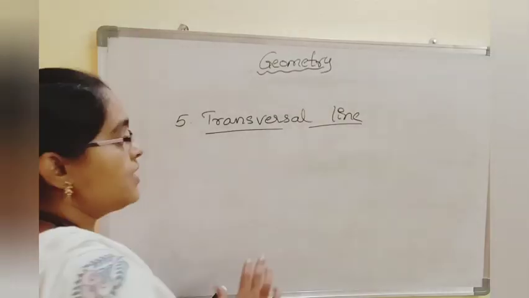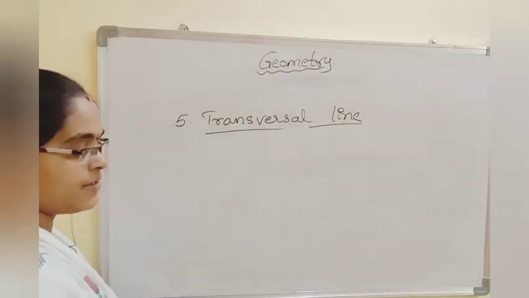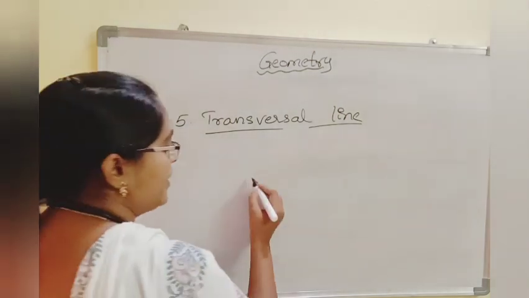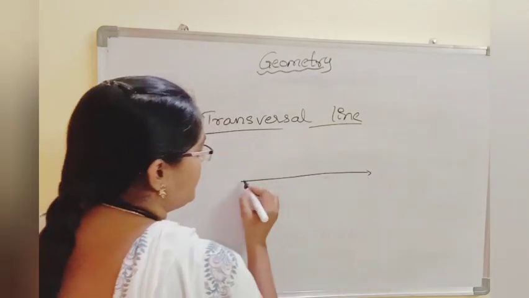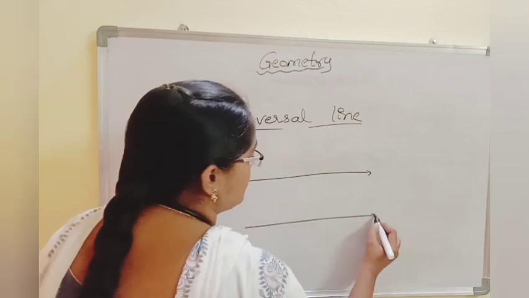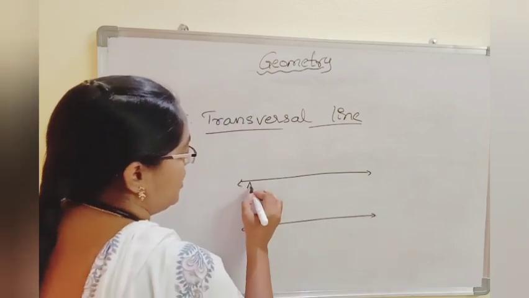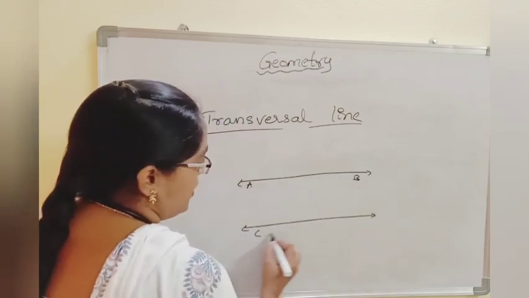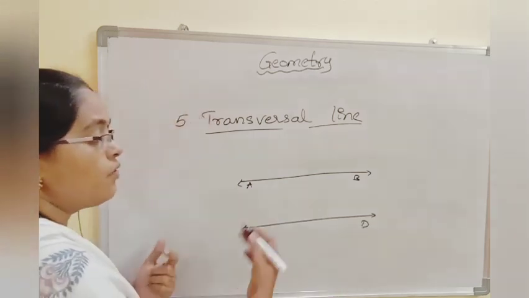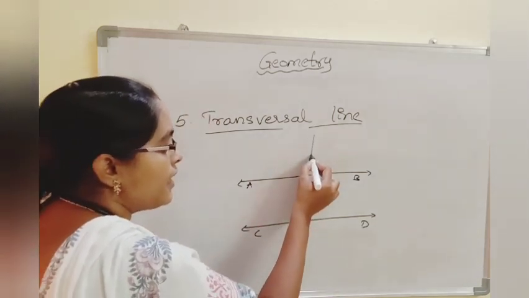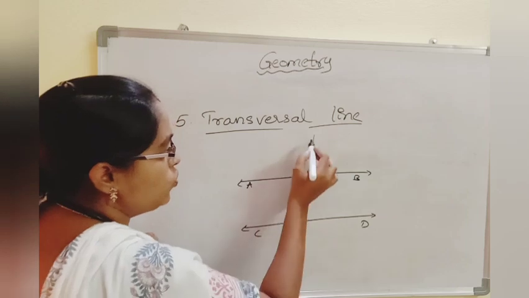Okay. Now see the last type, that is the transversal line. So what is a transversal line? A line that intersects two or more lines. See here, I have two lines, line AB and line CD. One more line is there, and that line intersects these two lines.